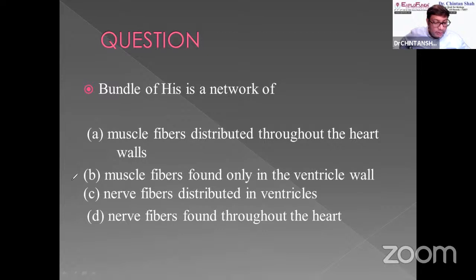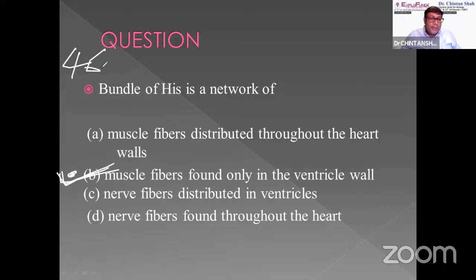The nodal musculature has the ability to generate the action potential without any external stimuli. So the nodal structure is only present in the SA node and AV node. Okay, yes. So here it should not be a nerve fiber. Nerve fiber and muscle fiber combined are known as a node, but here it should be a muscle fiber only. So B will be the right answer in the last.